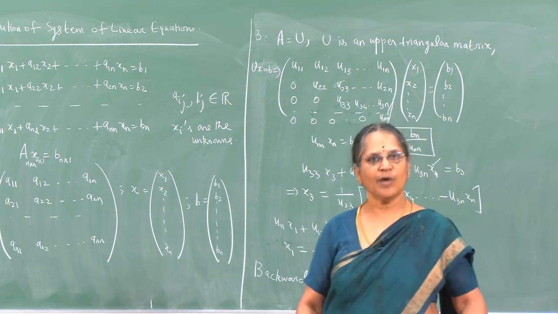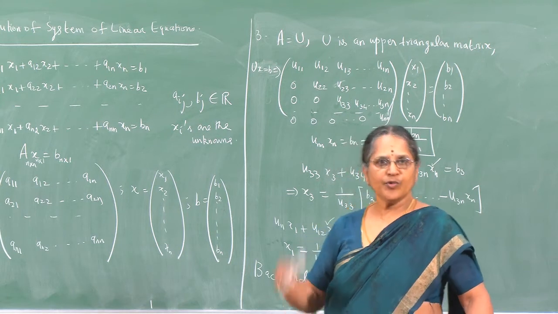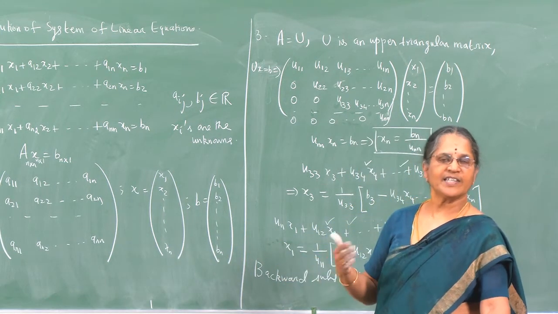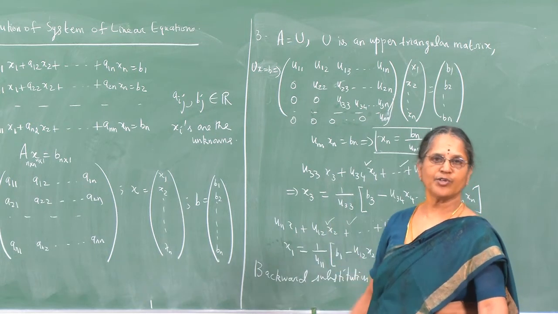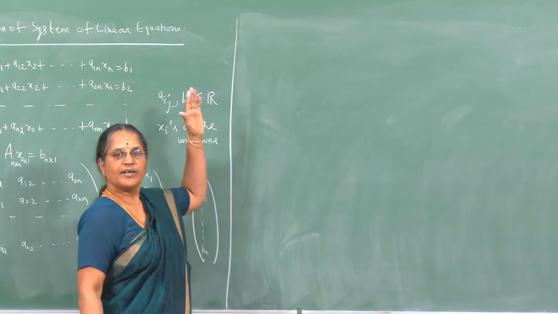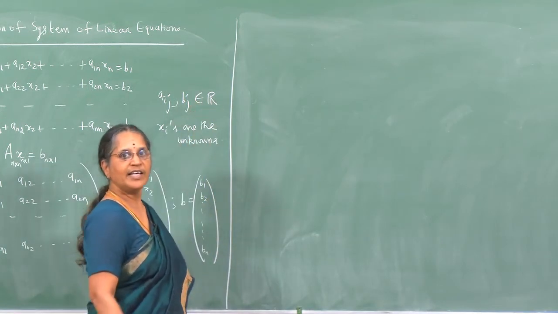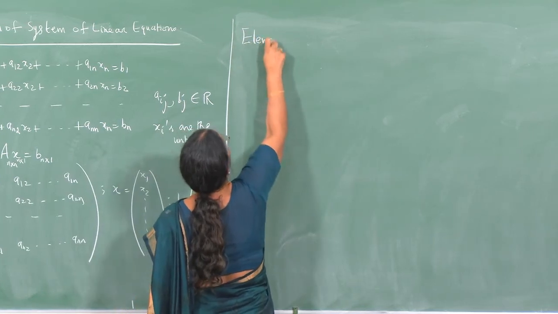So, we look at what are these elementary operations, and using elementary operations we try to develop some numerical algorithms for solution of a system of equations. So, let us write down what are the elementary operations that we will use in our computations.